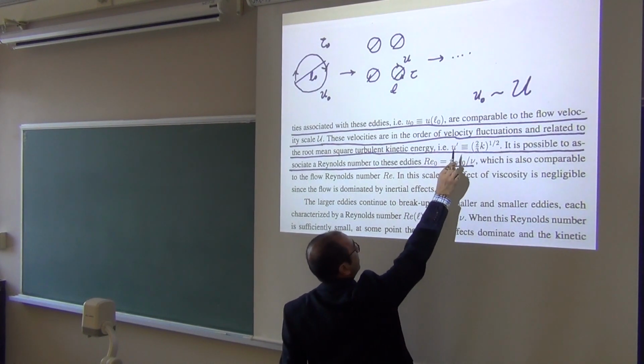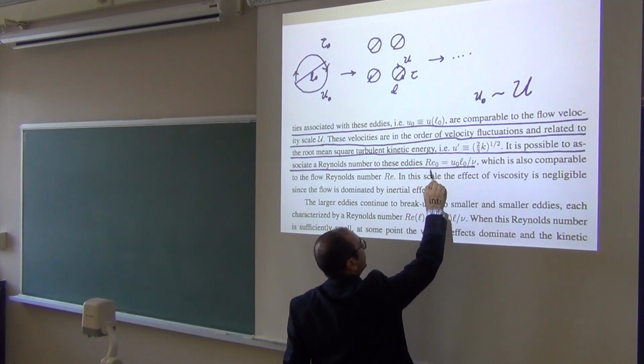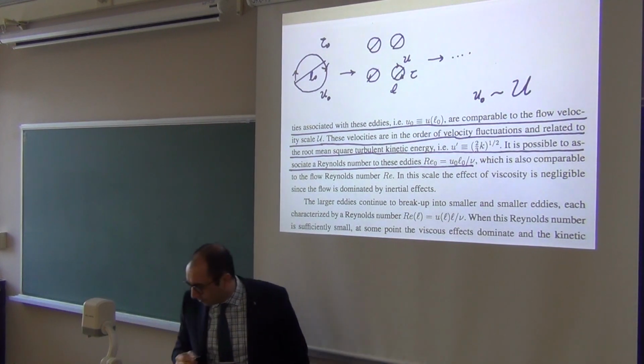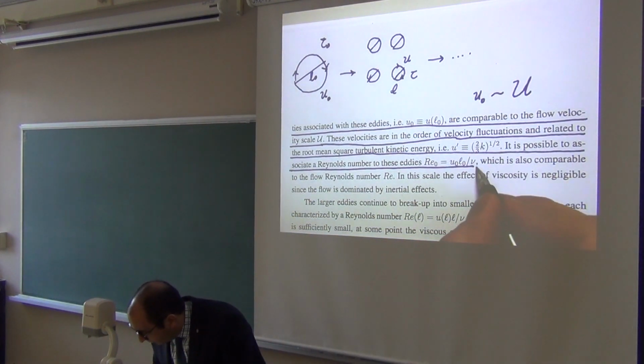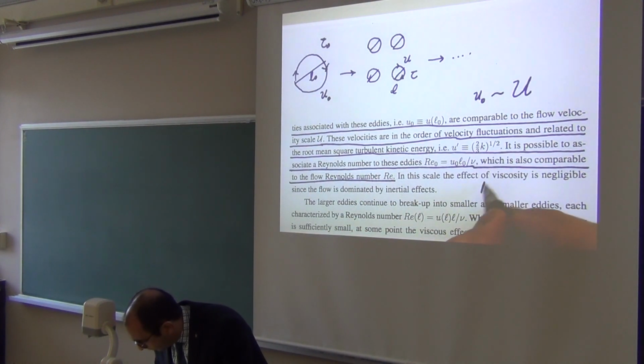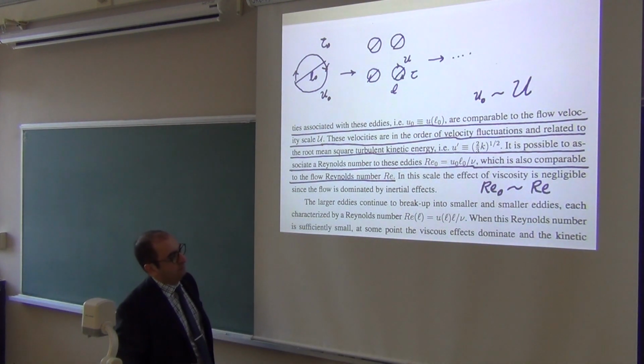But I already told you these are close to the scales of the flow. So this Reynolds number for the largest eddy should be close or comparable to the Reynolds number of the flow itself. If you like, the Reynolds number of the largest eddies is comparable to the Reynolds number of the flow as well.